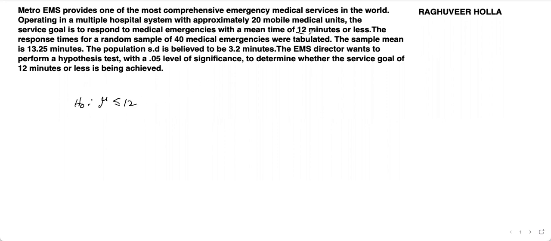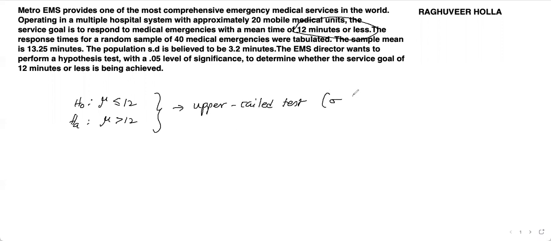So mean time is 12 minutes or less. And HA, alternate hypothesis, which is mu greater than 12. So this is an upper tailed test. Okay. And sigma known.